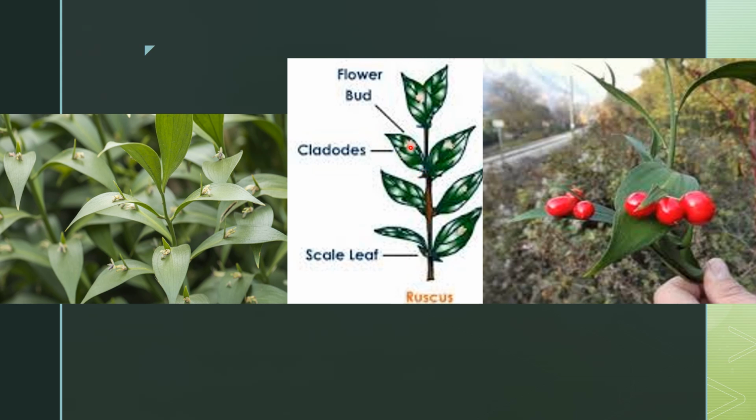And as you see, it has a flower bud. Here in the picture it's very clear. There is a flower bud, and also there are fruits. It bears flowers and also fruits, because it's a stem, but it's a cladode. It's a modified stem called cladodes.